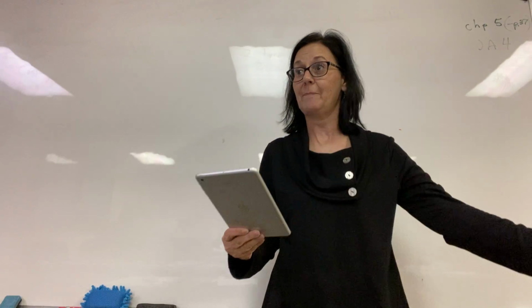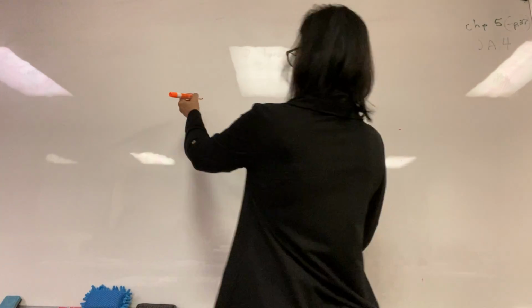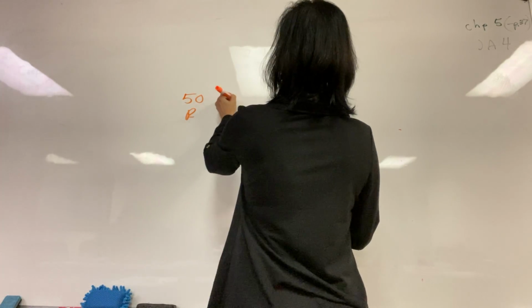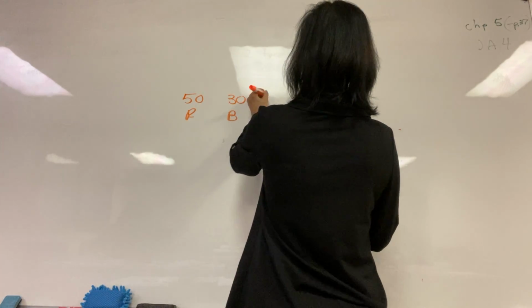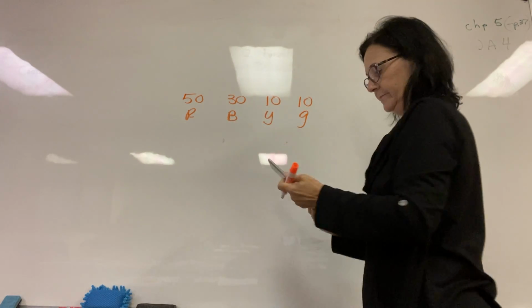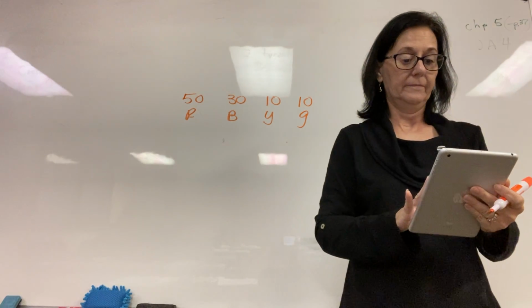It's all of the sample space, all right? And here I have 50 red, 30 blue, 10 yellow, and 10 green. All right, so we answered A, our sample space.